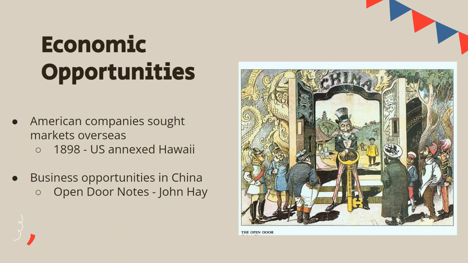And John Hay writes this idea called the Open Door Notes, which is a part of foreign policy, where he argues that America and all countries should have equal access to China for their markets and for their resources. This is not going to be advantageous for China, but it is going to keep America on a level playing field with Europe in terms of imperializing China.